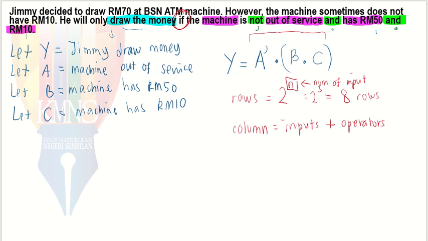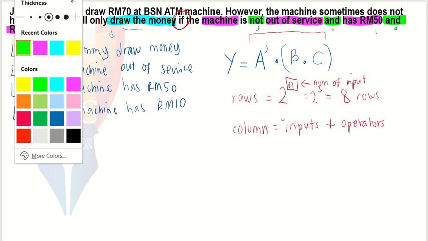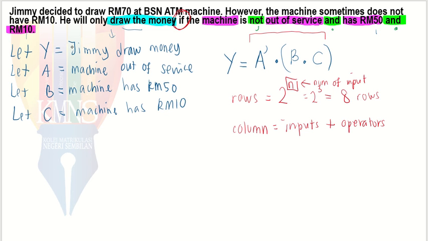So over here, how many operators do you have? Let me highlight, perhaps I use the yellow one. Okay, so you have 1, 2, 3.